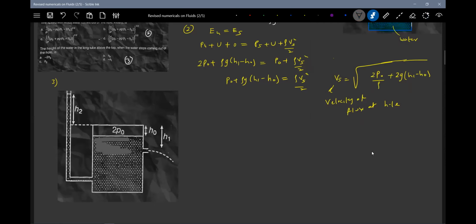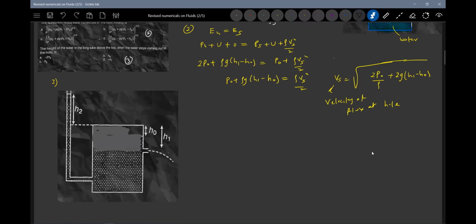Okay, I removed this water where the water stops coming out. Then everything will become air. So we'll make the problem a little more systematic. The water now stops flowing out here.